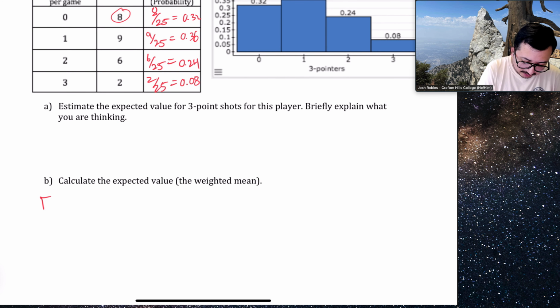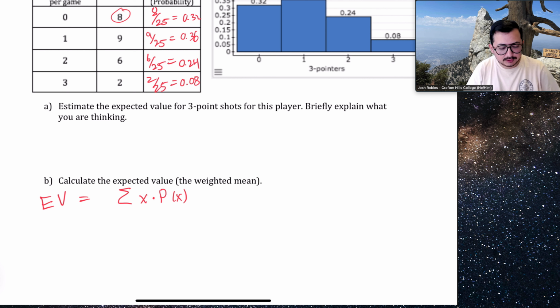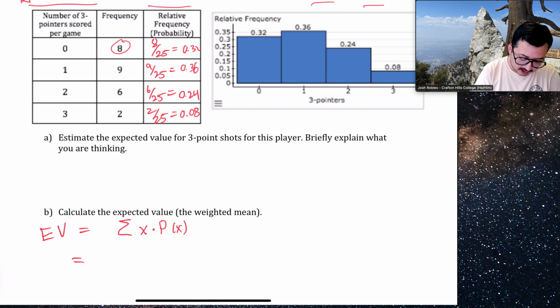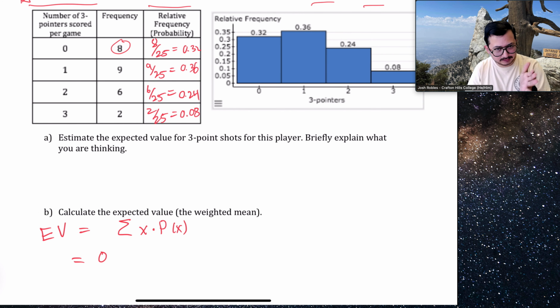So the expected value, often represented EV, is mathematically, you take all the values and multiply by their probabilities. And then, sorry, I didn't say it when I first wrote it down, we have the sigma, we add up that procedure. So you add up all of the values times their probability. So 0 is the value times the probability, which was 0.32.